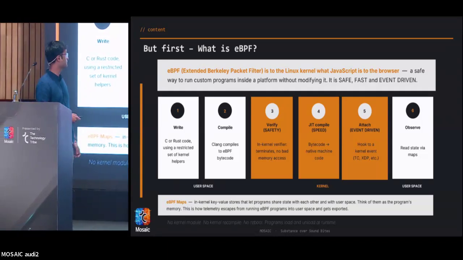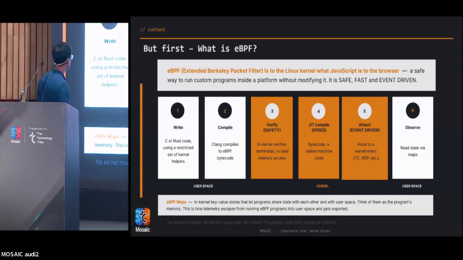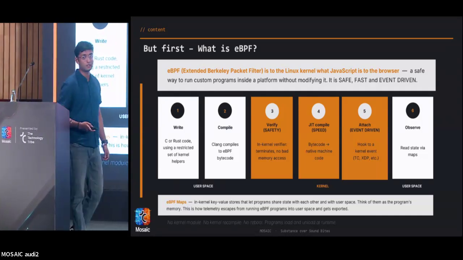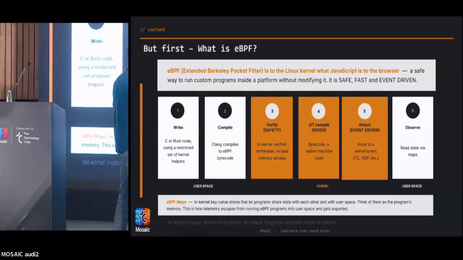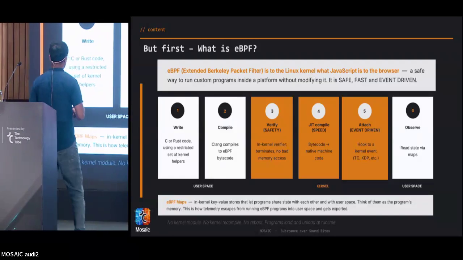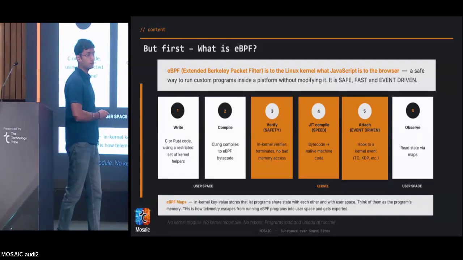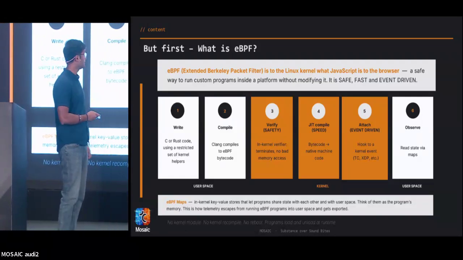You run your custom logic right there within the browser. So you write some eBPF code, which could be packet manipulation at the network layer, or socket manipulation at the socket layer within the Linux kernel, in C or Rust. You compile it, and then you load your program into the kernel at runtime.